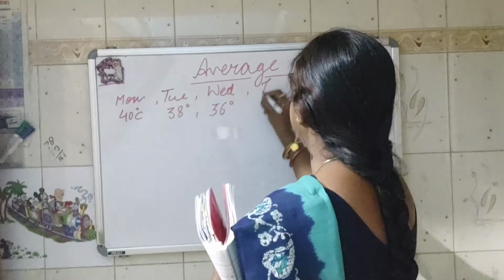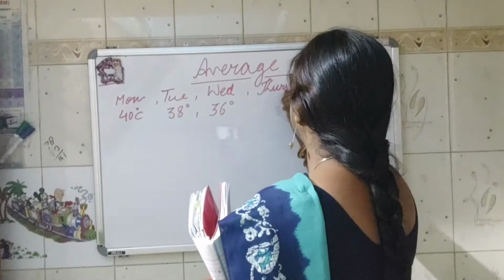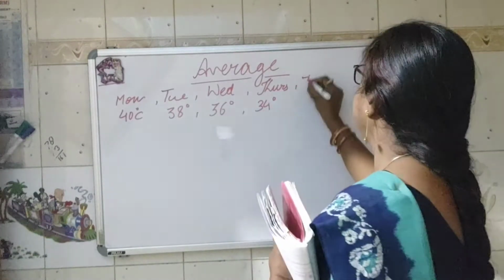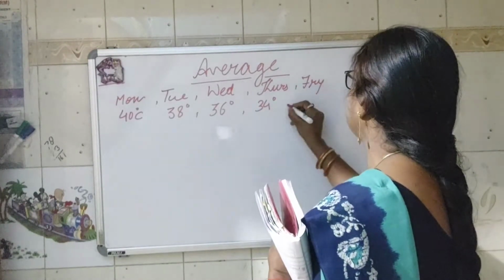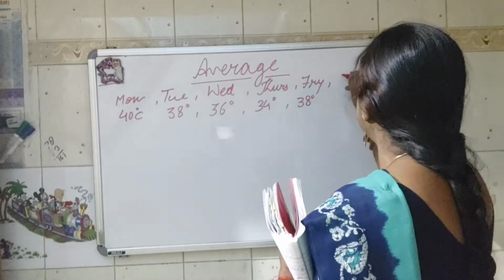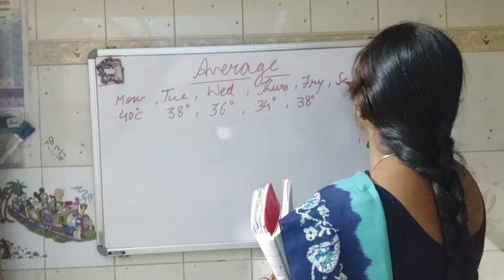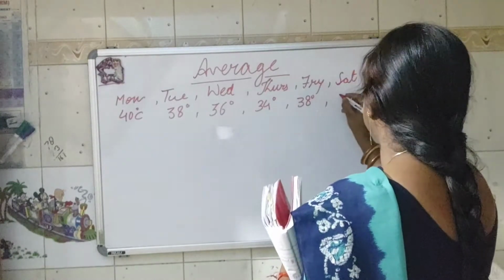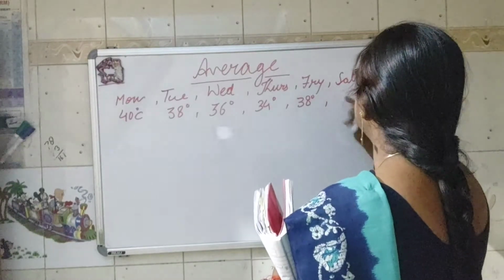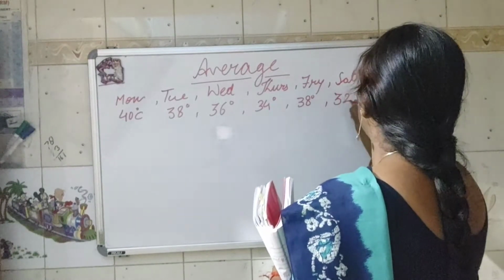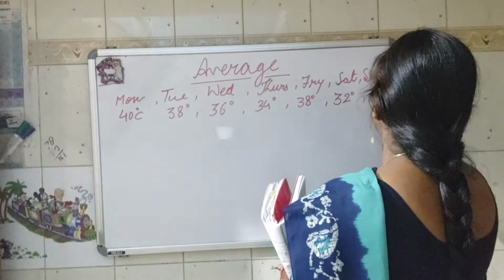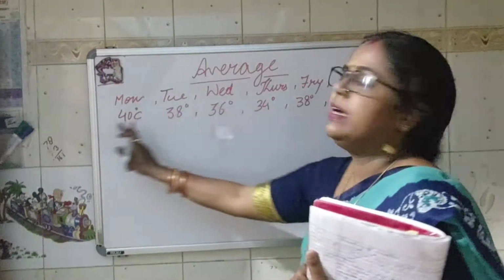Then Thursday we had 34-degree temperature. Again Friday it was very hot, so it rose to 38 degrees. Then Saturday it was a little cloudy, so Saturday we can say it is 32 degrees. Okay, and then Sunday we can say 34-degree temperature. So every day different temperatures are there.